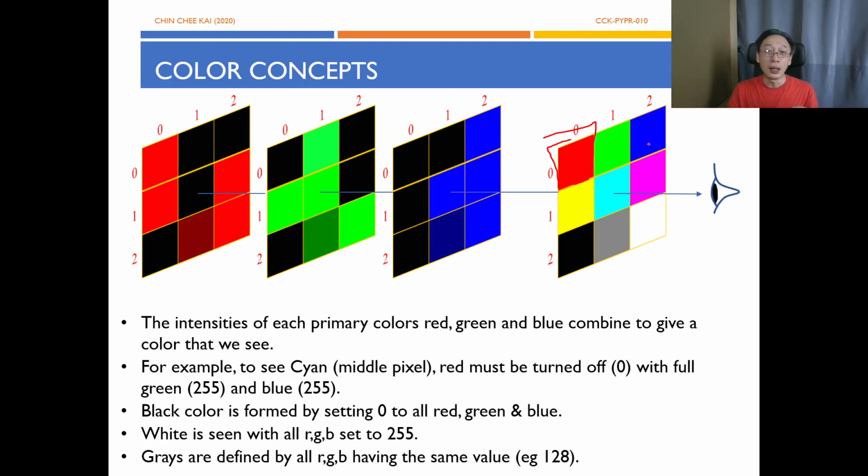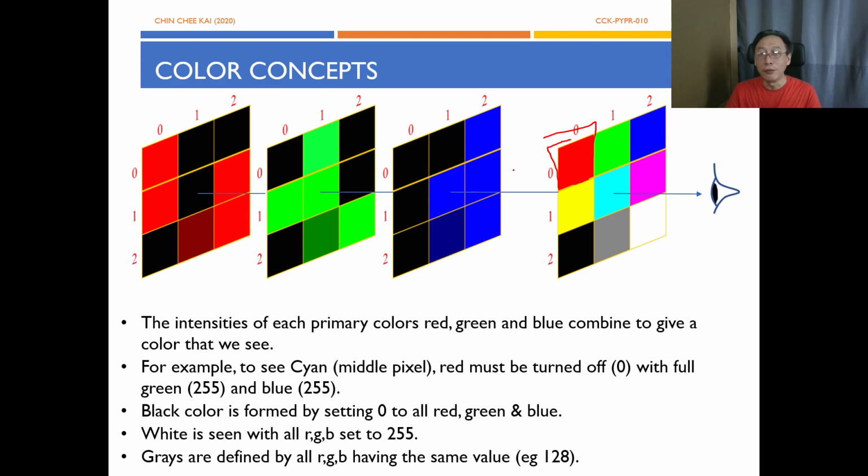Now what about other colors? The immediate secondary colors, that means when we mix only fully powered two primary colors, such as this, right? No red, full green, and full blue, we will get cyan. What if we have full red, full green, and no blue? Yellow.